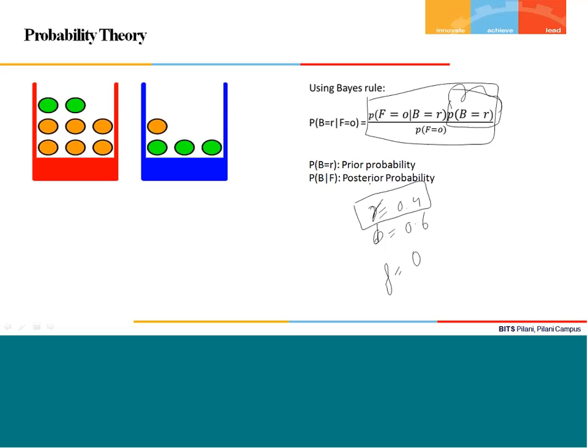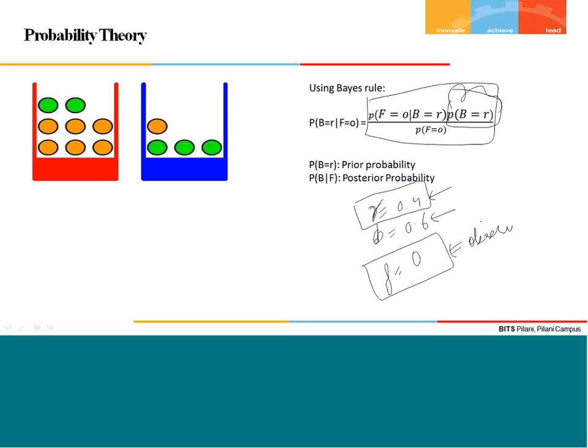So will this observation make any difference? Let me try to explain this point again. My prior belief was that red is 0.4 and blue box is 0.6. But somebody comes and tells me that I just chose an orange. Will that observation make any difference in my beliefs?